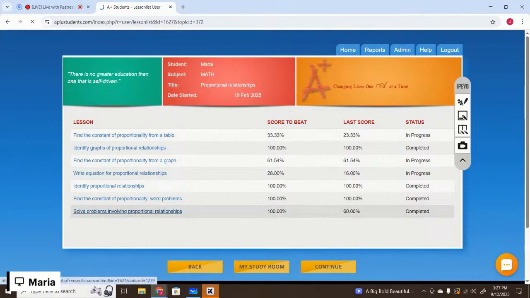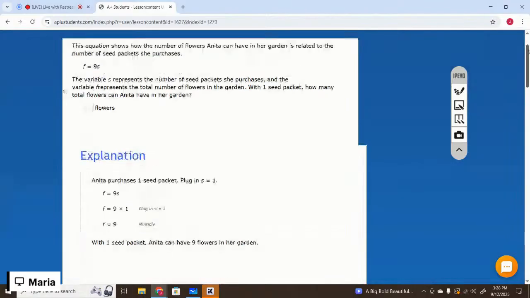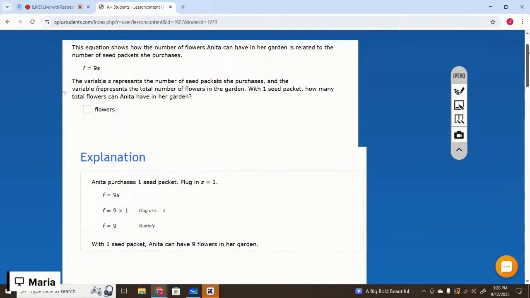Solve problems involving proportional relationships. This equation shows how the number of flowers Anita can have in her garden is related to the number of seed packets she purchases.